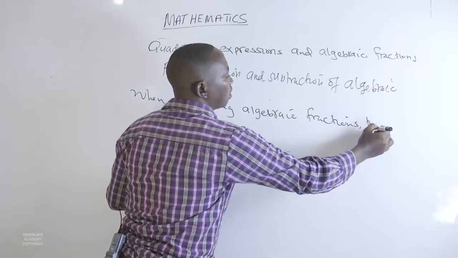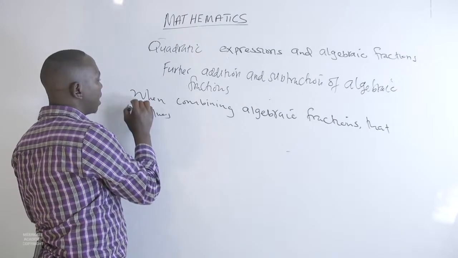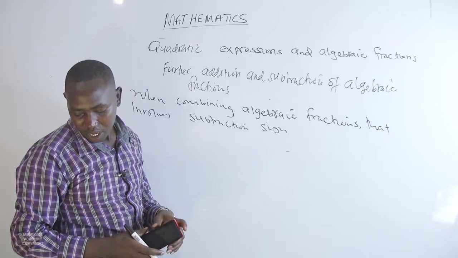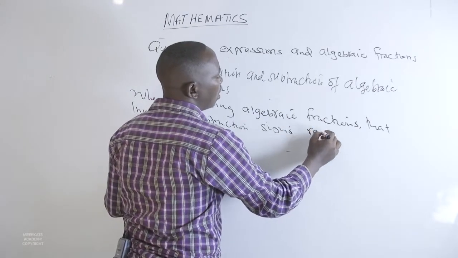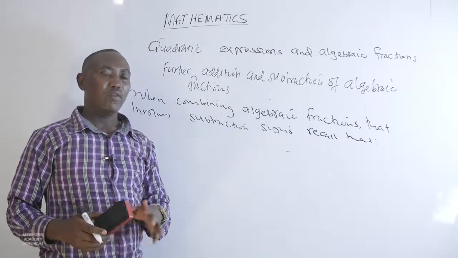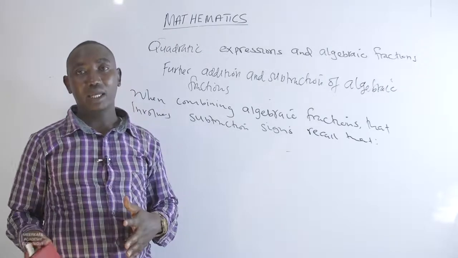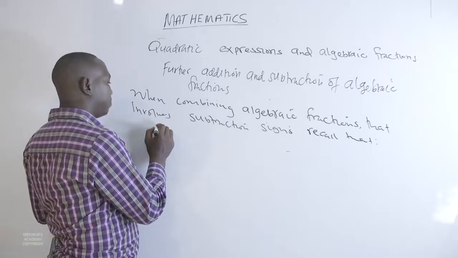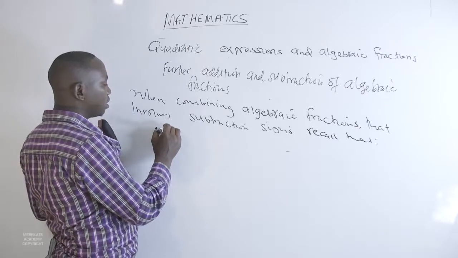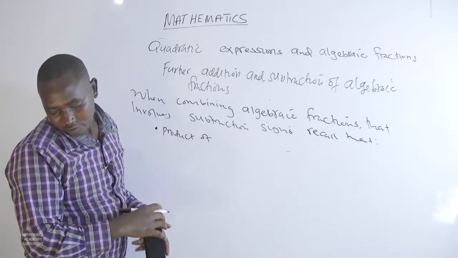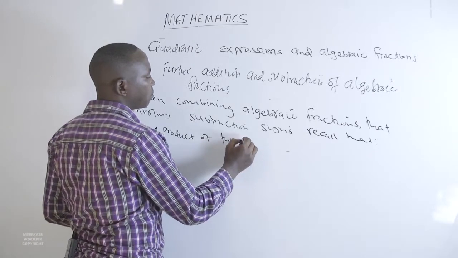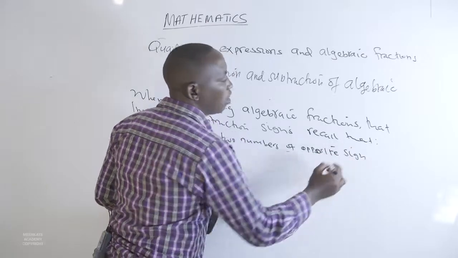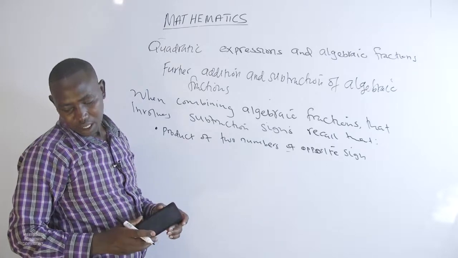Whenever we have a negative or subtraction sign opening up a bracket which consists of a positive or negative number, what must we recall? One, and it's very important, the product of two numbers of opposite sign is a negative number.